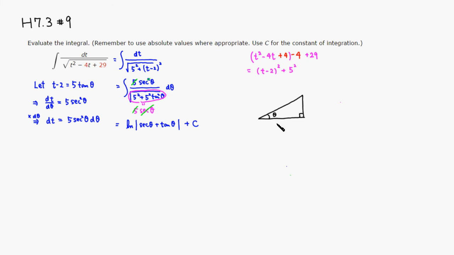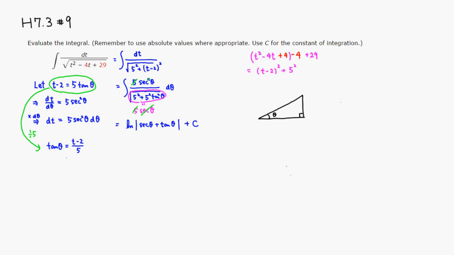From the substitution equation, I'm going to divide by 5 to get tangent of theta equals (t minus 2) over 5.